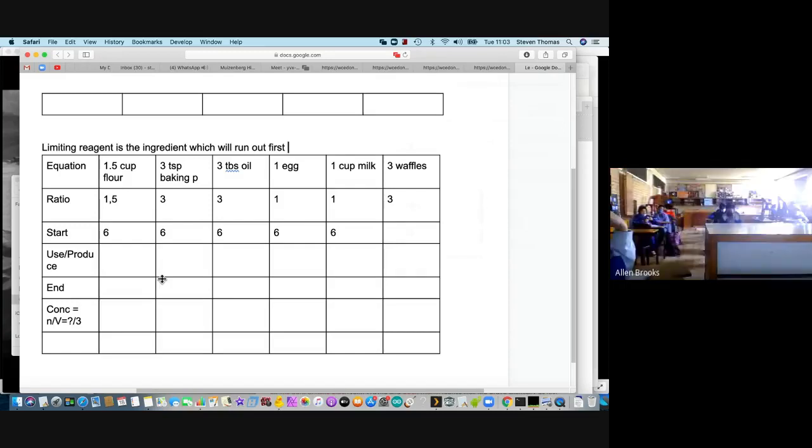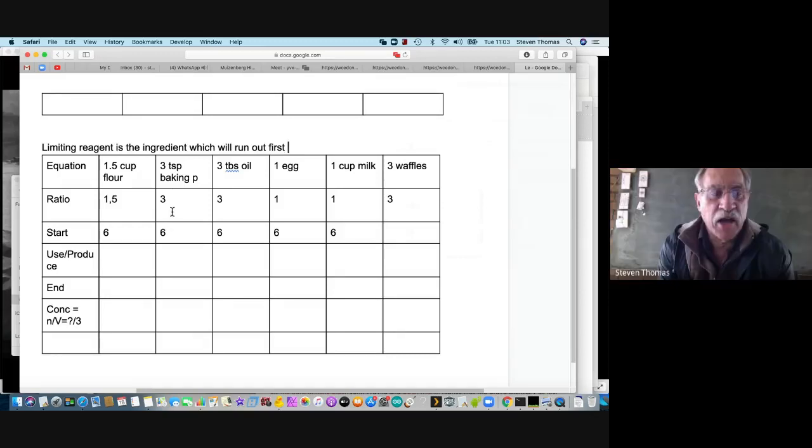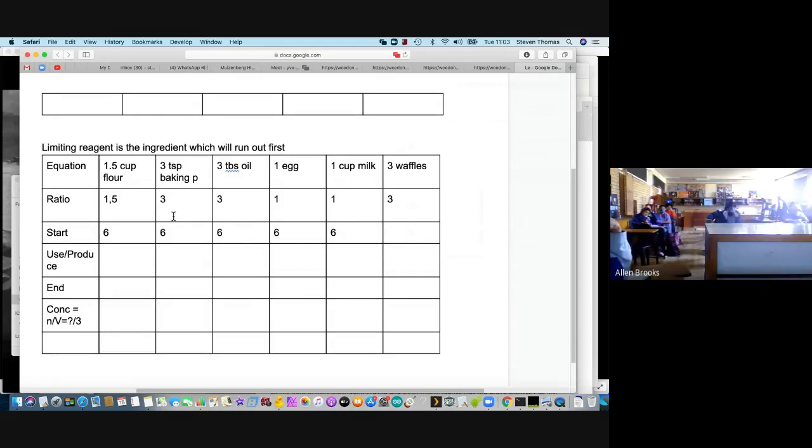Maybe the flour. That's what the maker said, sir. Aiden says baking powder. Okay, ask Aiden why he says baking powder. Mustafa says the oil. Aiden, why do you say baking powder?